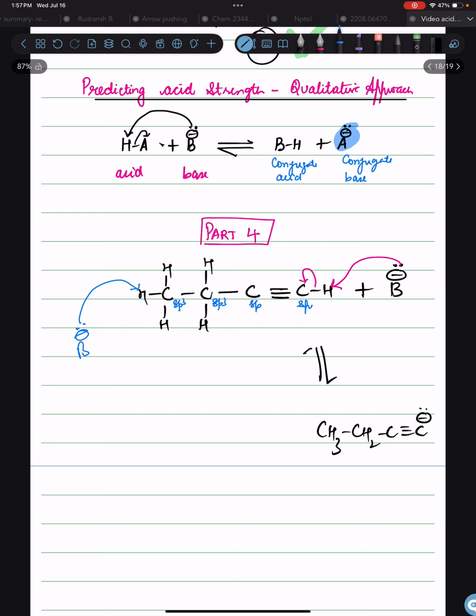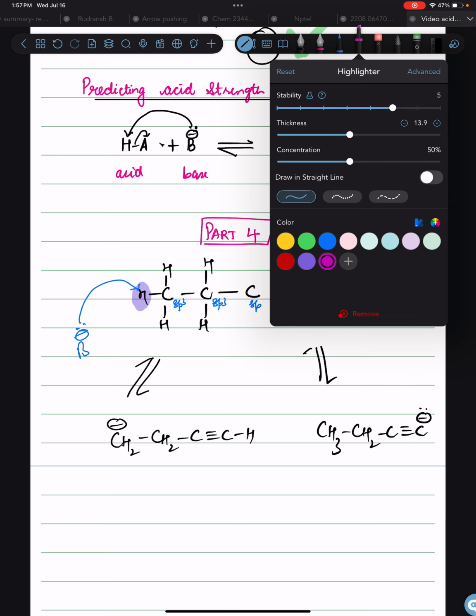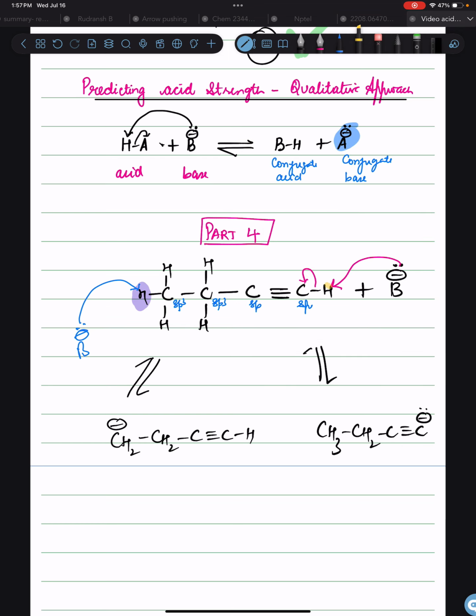So with this, the product we are going to get is CH2 negative, CH2, C triple bond CH. Now, in which of them is the equilibrium more towards the product side, or which proton is more acidic? That is the question. Is it the one in the purple color, or is it the one in the yellow?